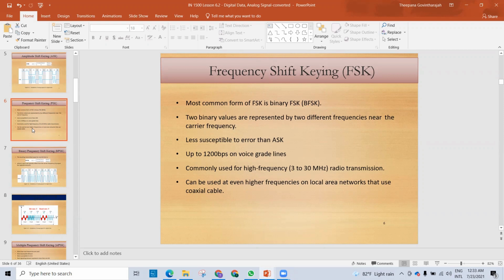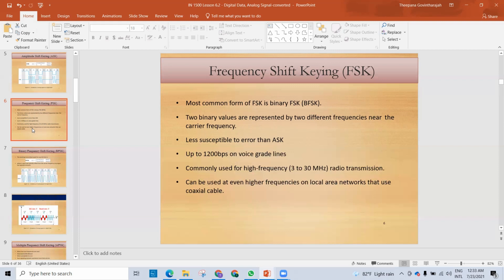For example, if data pulse 0101 is transferring, then there will be a carrier frequency and two different frequencies near the carrier frequency.